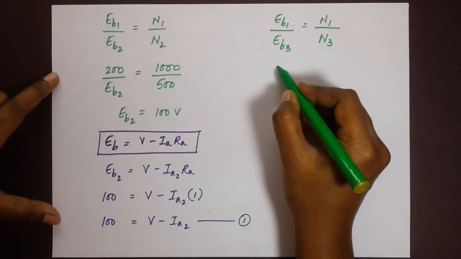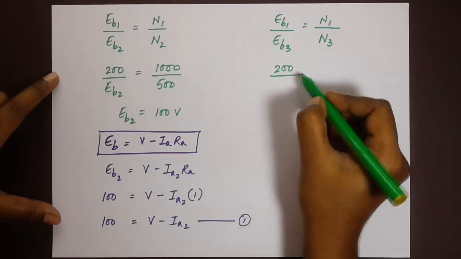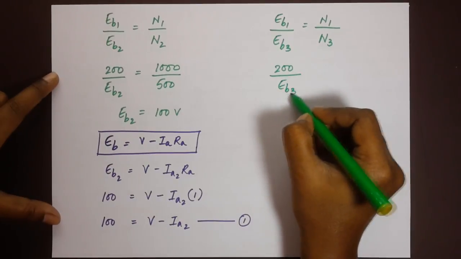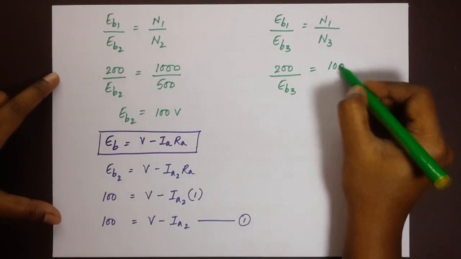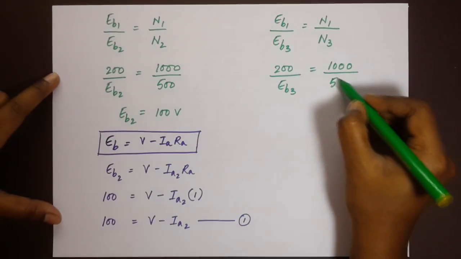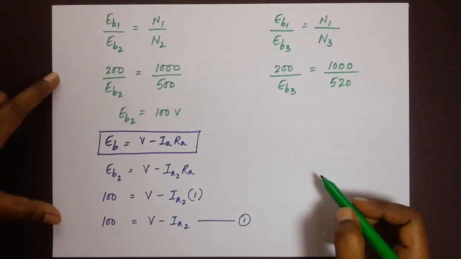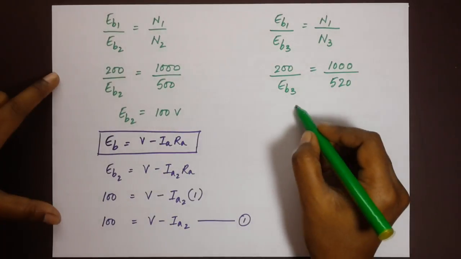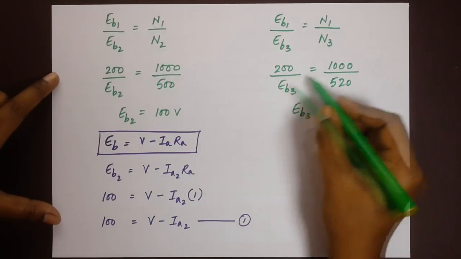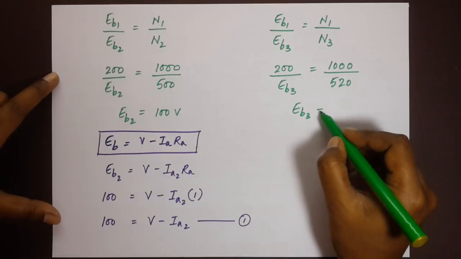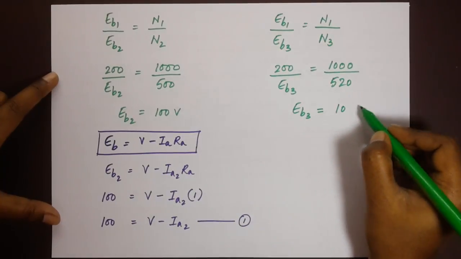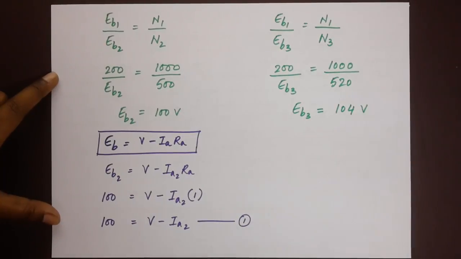Okay, so let's substitute. We would have 200 divided by EB3 is equal to 1000 divided by 520, since N3 is 520 now. So once you cross multiply and solve for EB3, you should get the value as 104 volts.